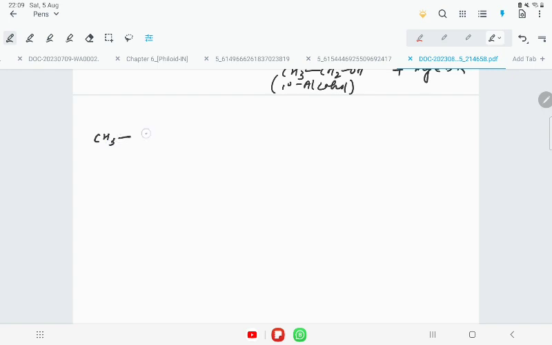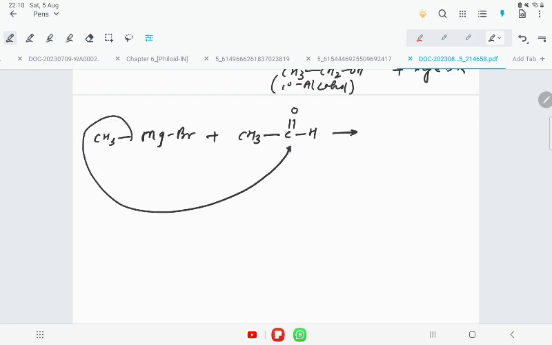So now let us try to take the other example. Suppose you are taking CH3MgBr, and what are you going to treat it with? Acetaldehyde you can take, CH3, C double bond O and H. You attack here, so you are going to get the intermediate CH3, this is C, here is CH3, this side there is H, this side OMgBr, and then HOH.